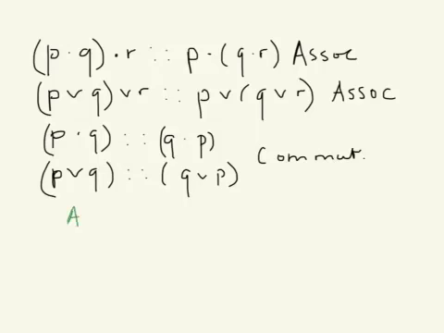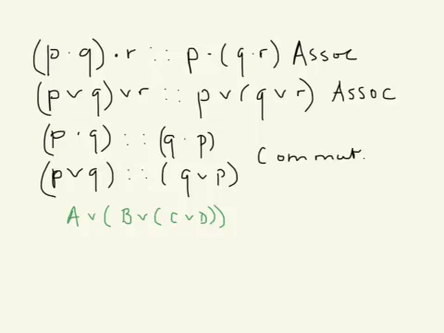A or B or C or D is equivalent to B or D or C or A. Now you want to reorganize these atomic letters to get to B or D or C or A.